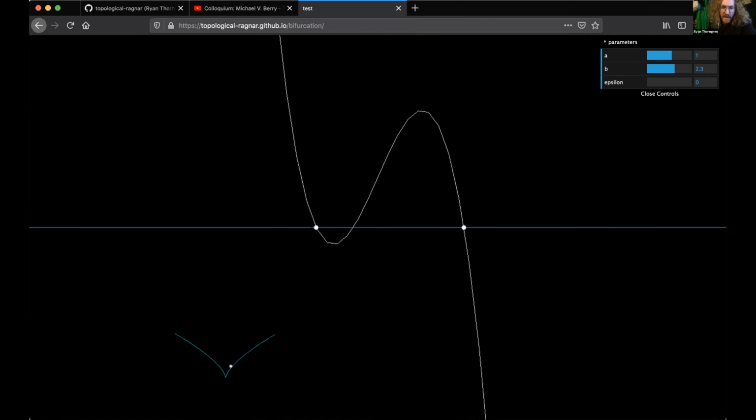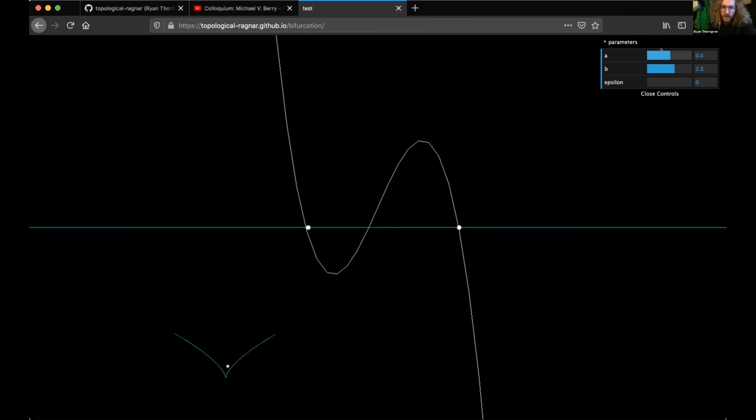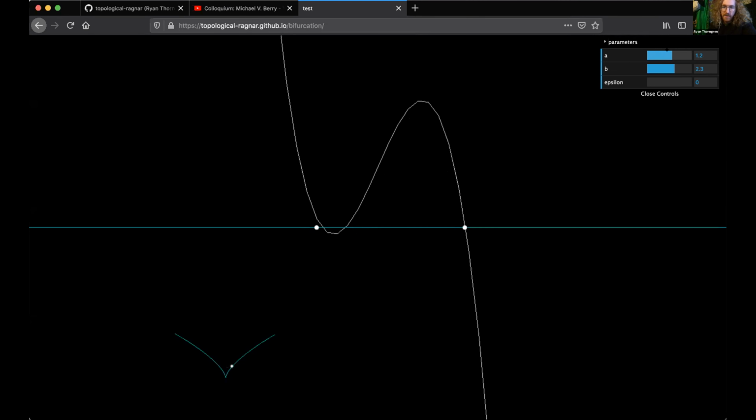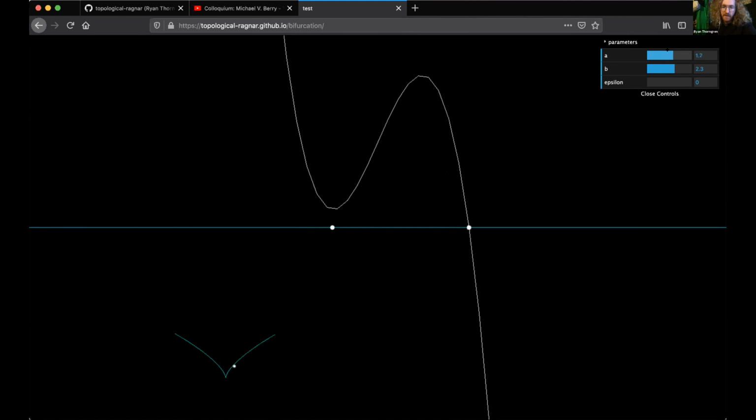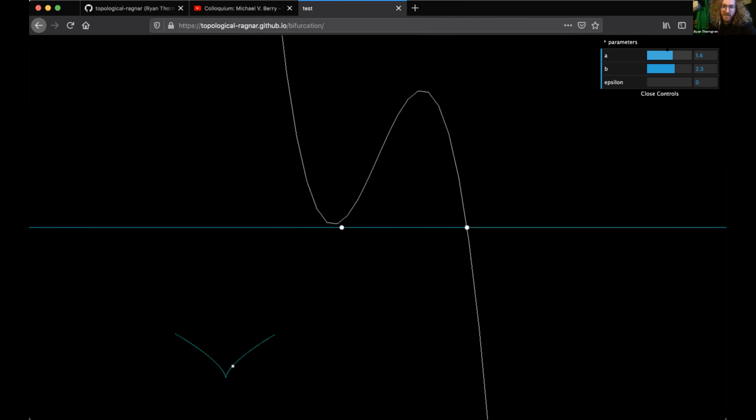And we expect that this stable fixed point and this unstable fixed point are going to meet and disappear. And that's exactly what's going to happen as soon as this curve lifts off the x-axis. So here, notice it's very slow still, but it's leaving and it goes to the other fixed point.